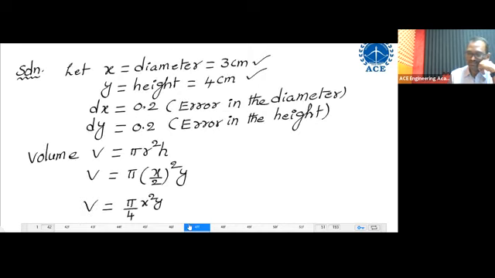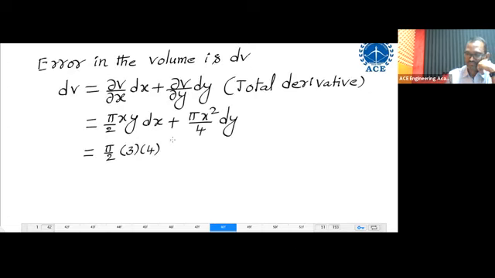Even dx is also given: dx 0.2, dy 0.2. Simplify this and tell me the value.